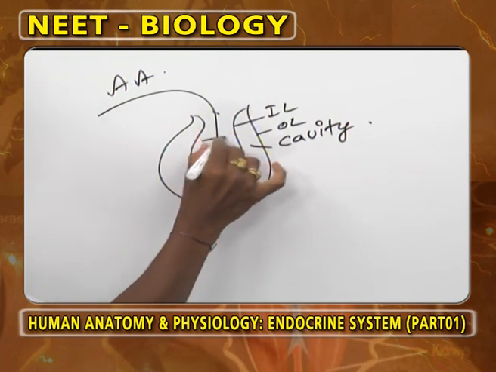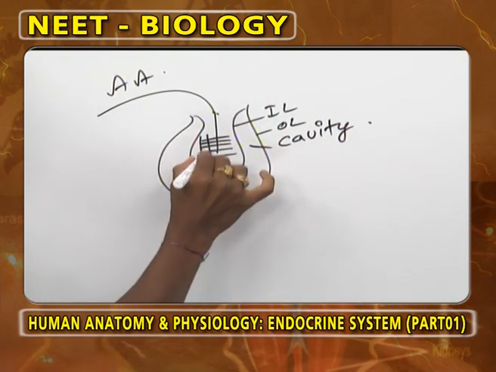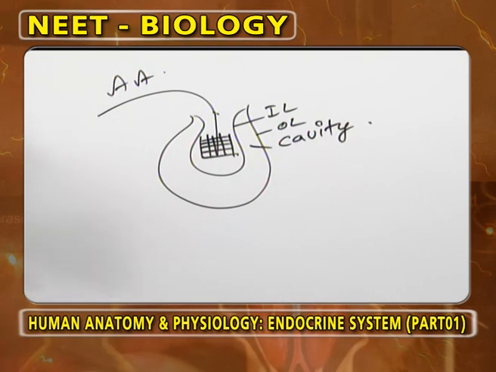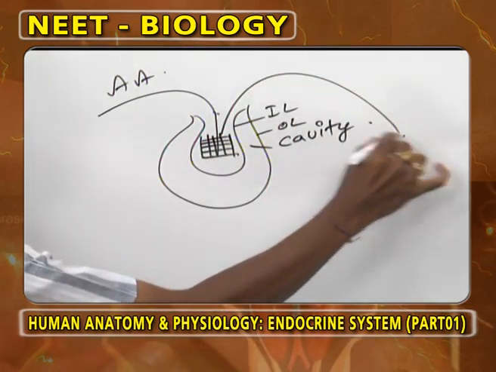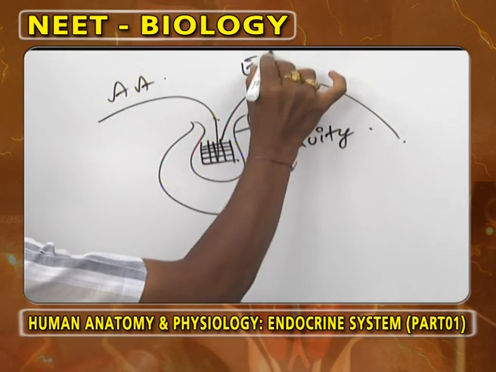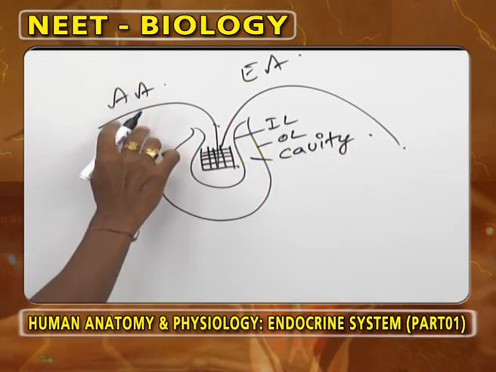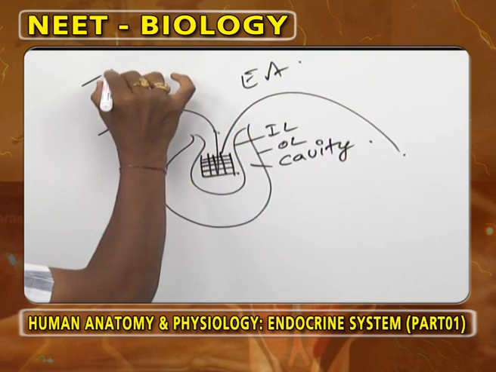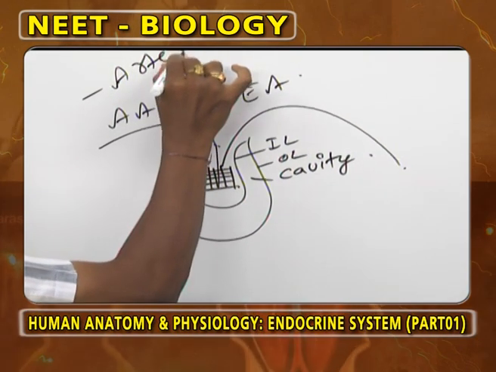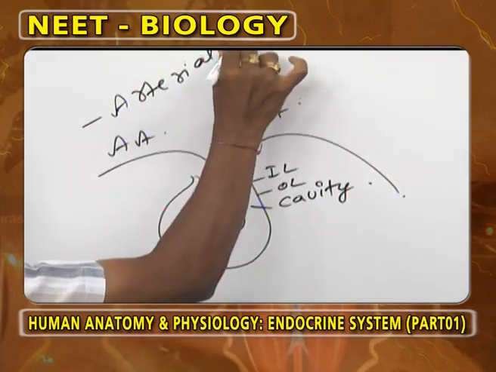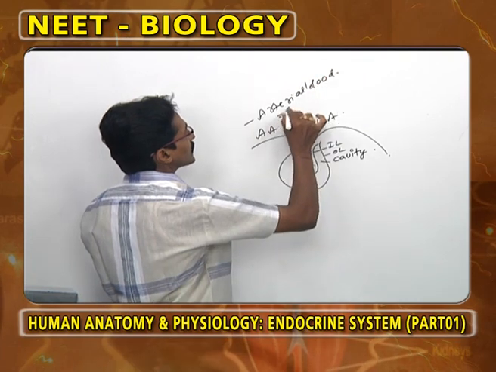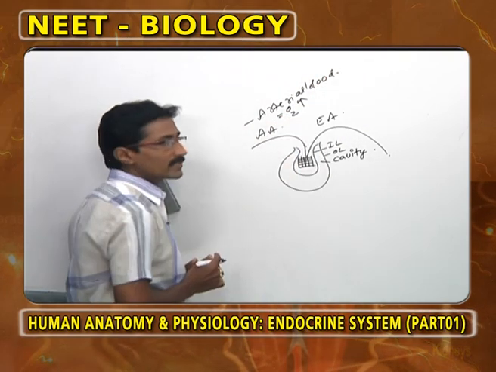The arteriole divides into a bunch of blood capillaries. Again the capillaries unite and come out as the efferent arteriole. Now in the efferent arteriole, what type of blood is passing? The arterial blood. In the arterial blood, what is more? Oxygen is more.